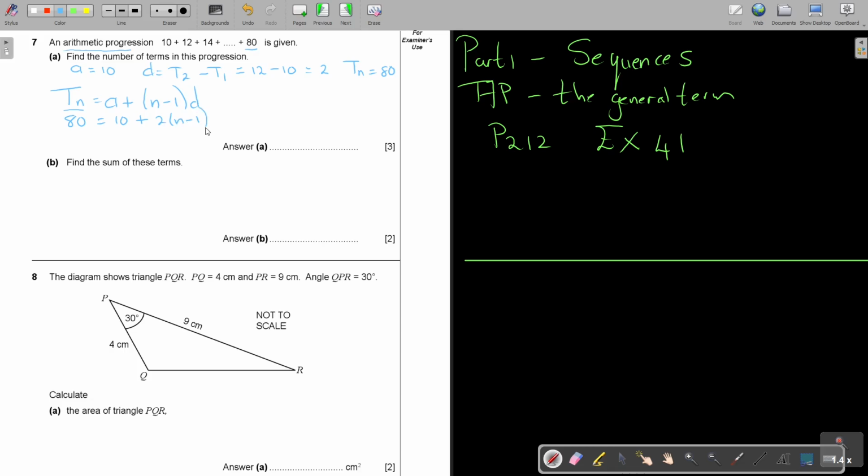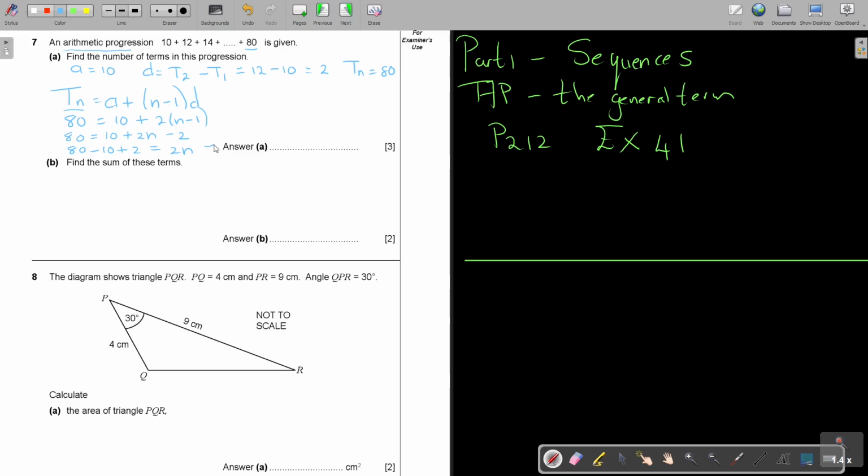Now I can just multiply it out. So I get 80 equals 10 plus 2n minus 2. I'm just taking it over, so it's 80 minus 10 plus 2, and that's equal to 2n.